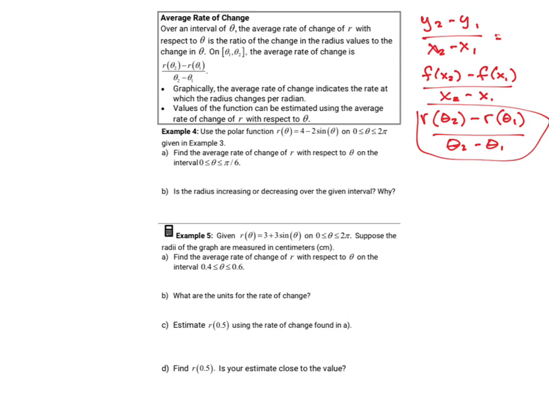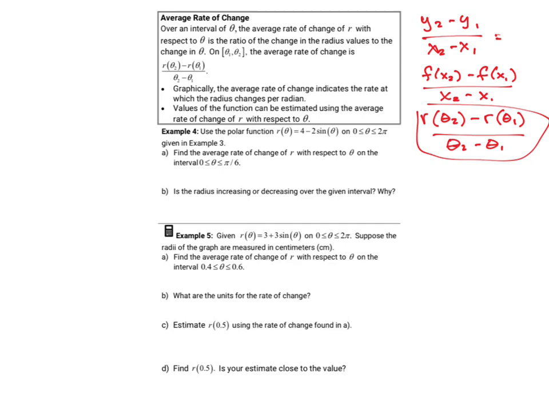How do I find the average rate of change on any function, not just a line, f of x? And now we're going into polar land. How do I find the rate of change on a polar function? r of theta 2 minus r of theta 1 over theta 2 minus theta 1. And so you don't even have to really know a whole lot more. We're just able to plug and chug here.